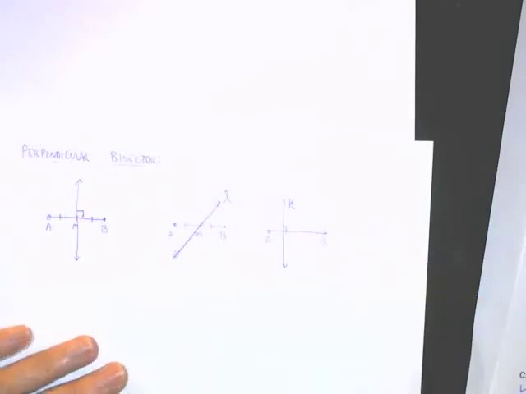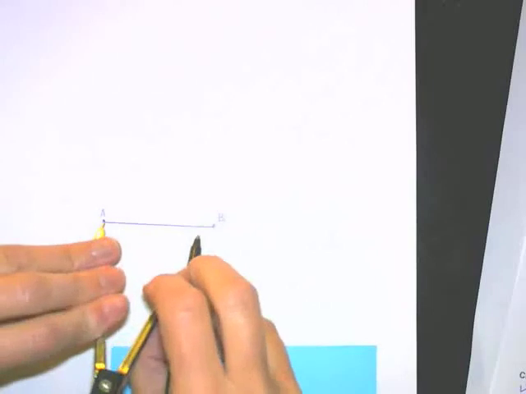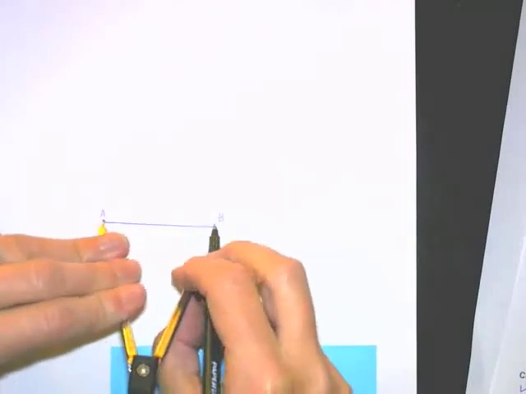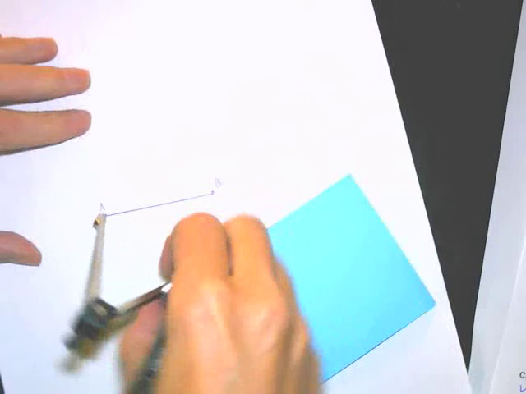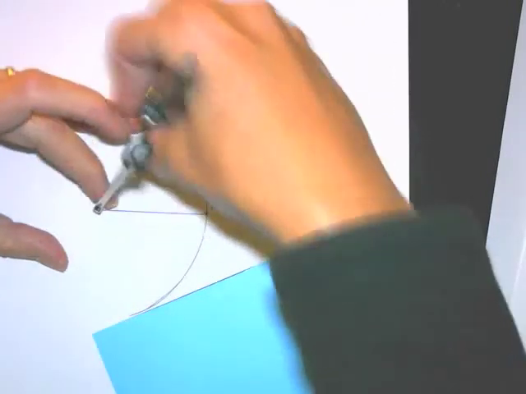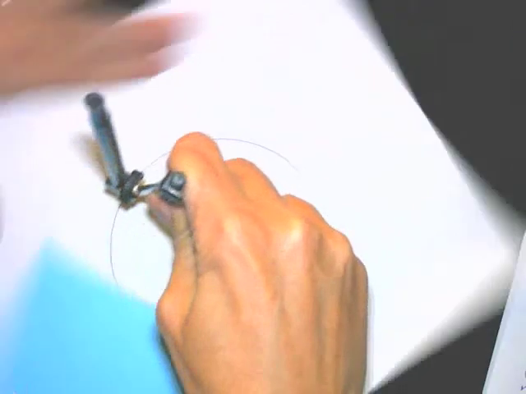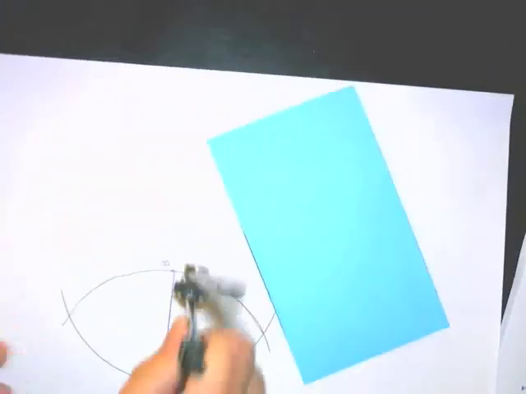All right, so the question then is, given a particular line segment, how can we construct the perpendicular bisector? Well, if we repeat steps 12, 13, and 14, here's what we can do. We can take this segment and we can draw one circle that is centered at point A and another one that is centered at point B. I think I got a little floppy on one of these, so I'm just going to clean this one up.